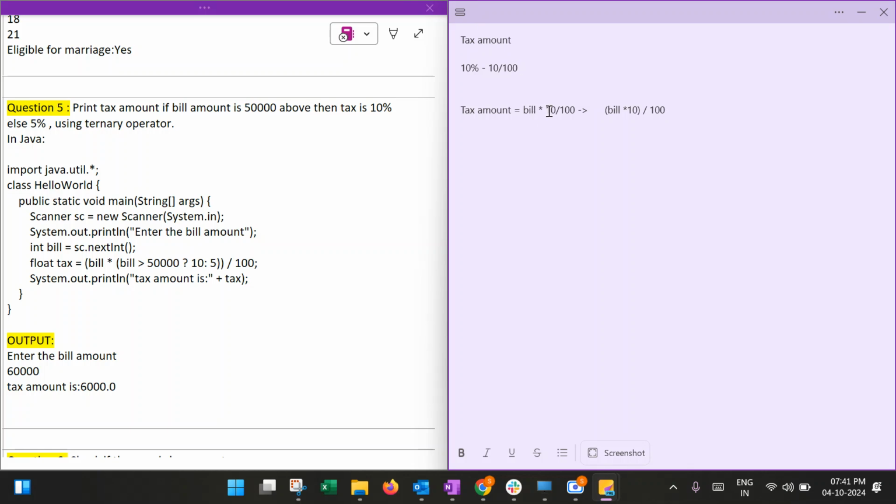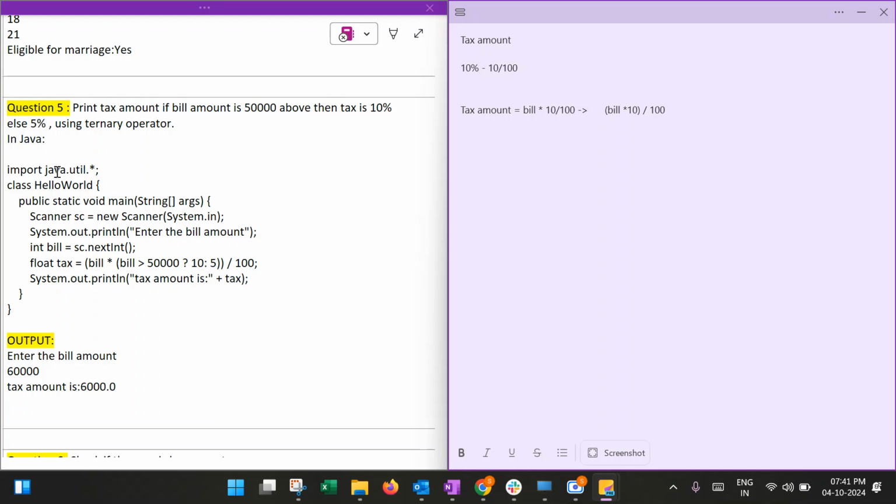If you do division by 100 first and then multiplication with 10, or multiplication first and then division, it is the same answer, right? In this case, because there is only one value. Okay, that's why. So we will come from the start.